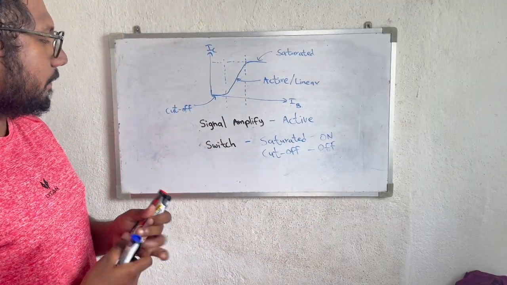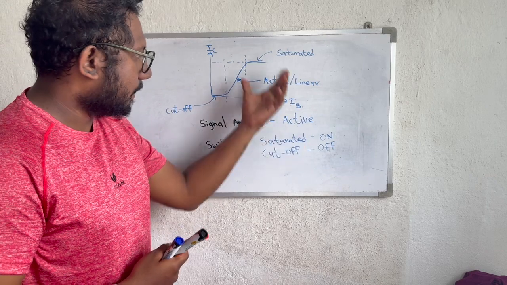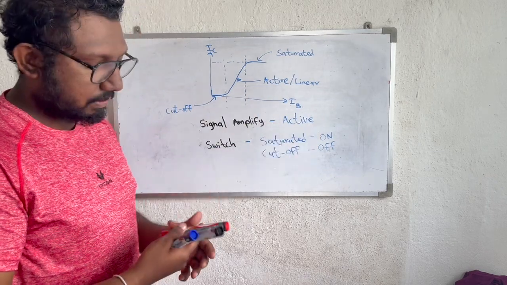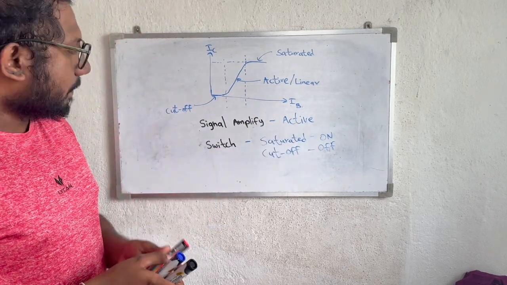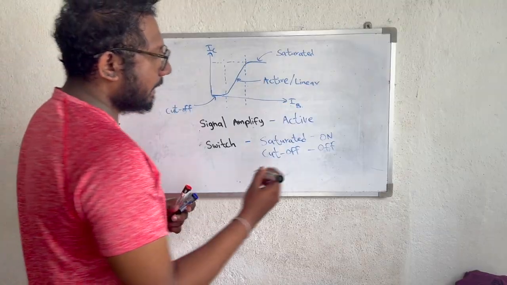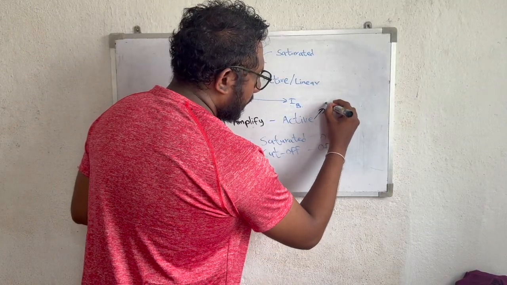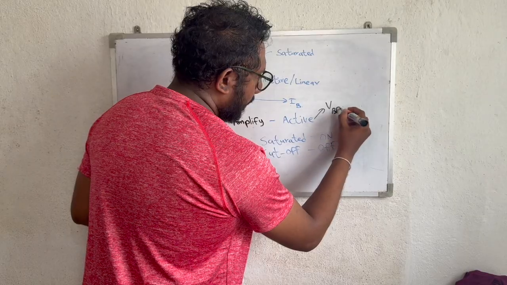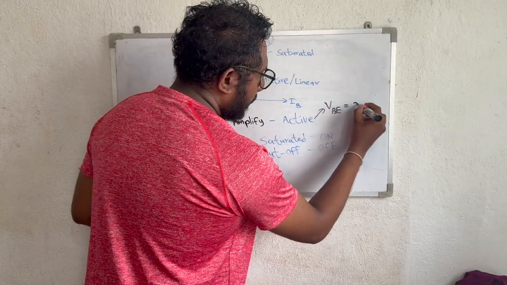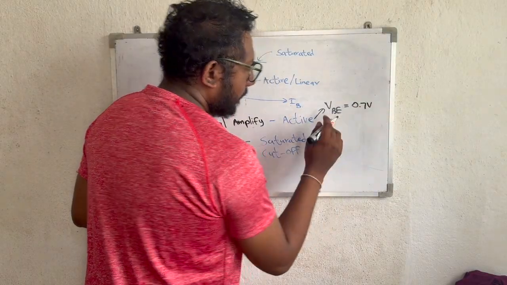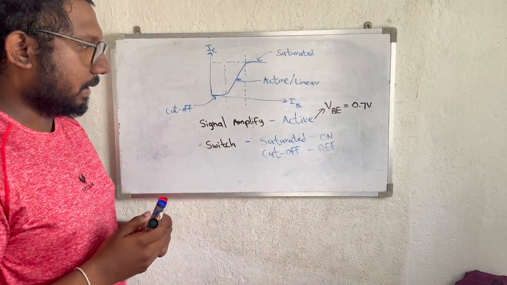So how can we bias this NPN transistor to the active region? When we bias it to the active region, we have to provide a VBE voltage of 0.7. I'm talking about the silicon NPN transistor.